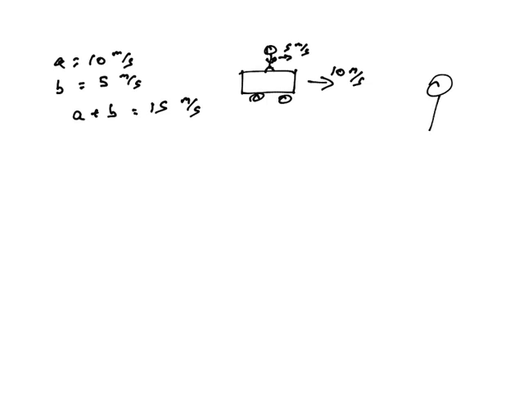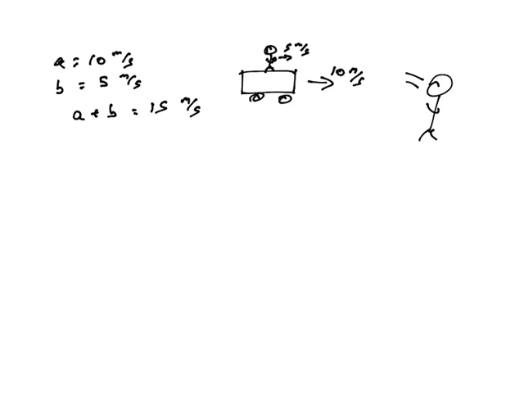Someone outside looking at this measures the speed of the baseball not as 5 meters per second, but as 15. Because if the person throwing the baseball didn't throw it at all, was just holding it, then the person outside would see the baseball moving the same speed as the car, 10. But if the person then throws it an extra 5 meters per second, it's moving at 15 meters per second now. That's adding scalars. You're just adding two numbers together.